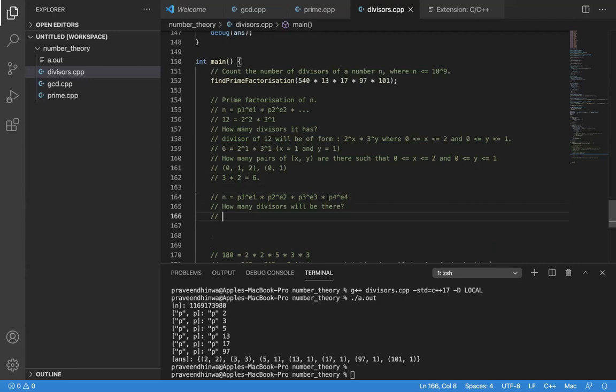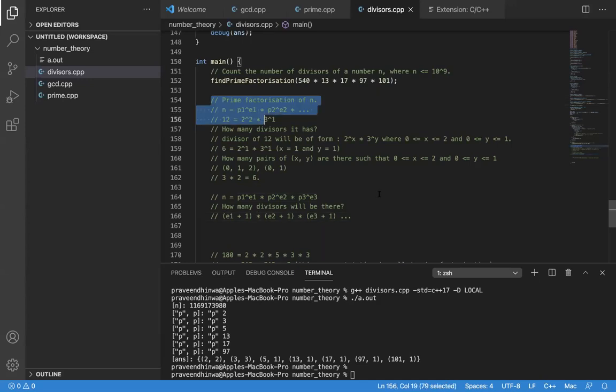Maybe let's make it slightly smaller. Will it be e1 times e2 times e3, or e1 plus 1 times e2 plus 1? It should be e1 plus 1 times e2 plus 1 times e3 plus 1, and so on. Did you get this? Don't forget the plus 1 part. It is the product of all the exponents plus 1.